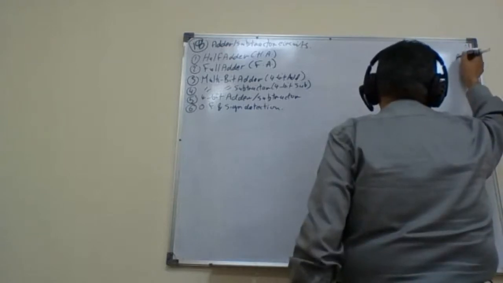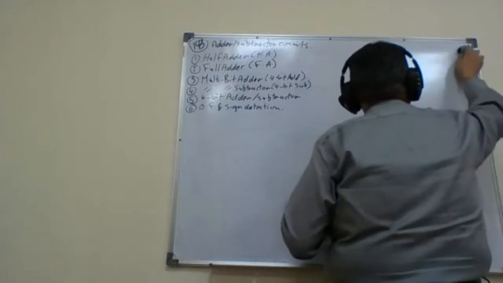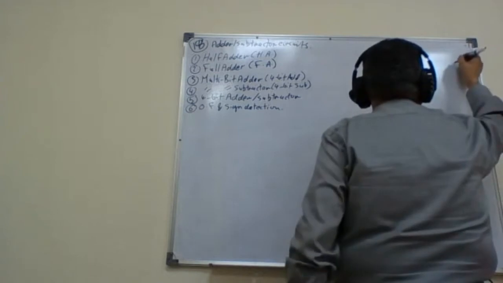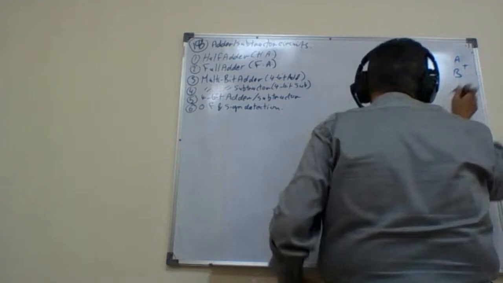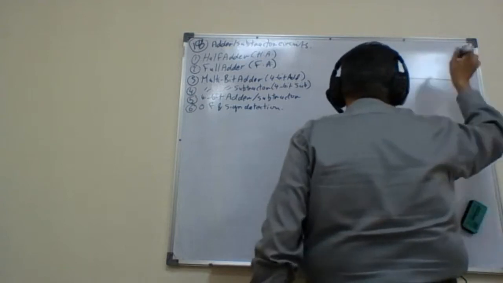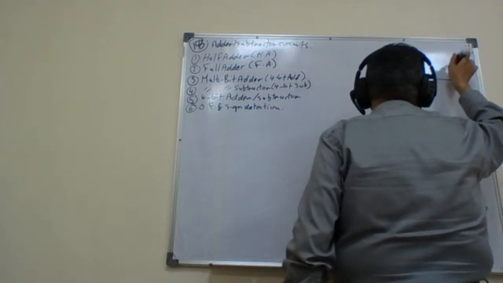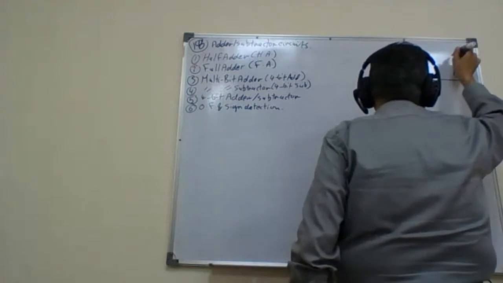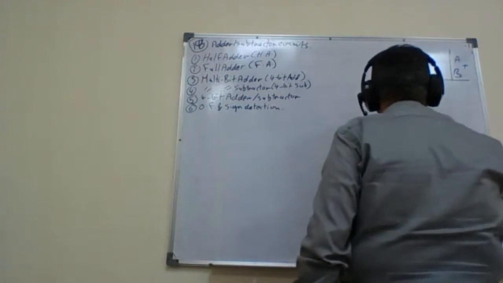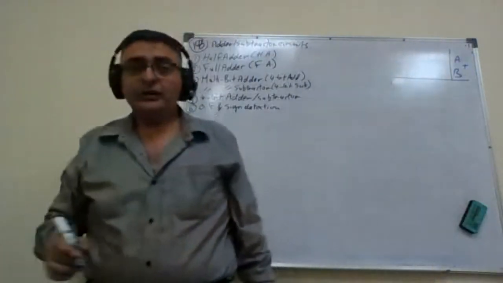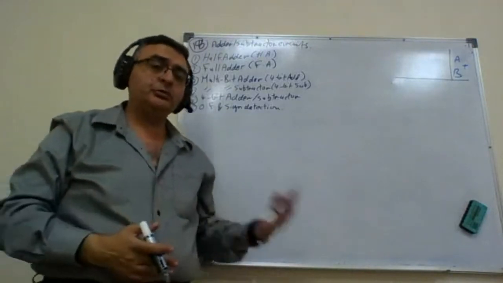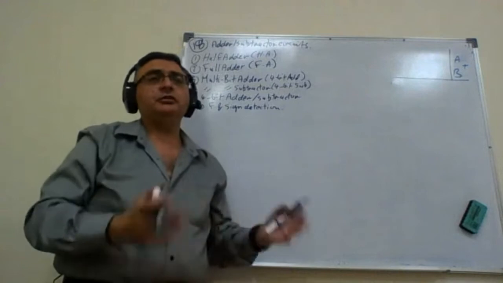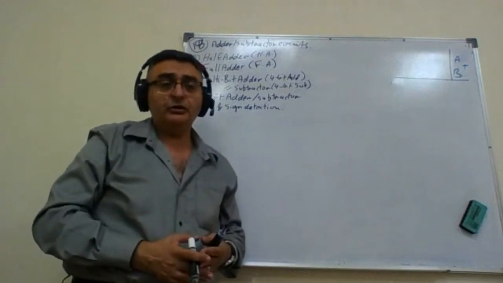I have number A should be added to number B. The first thing that I want to ask myself is what is the size of the numbers A and B to be added. We have learned in chapter 1 how to add different numbers of bits.